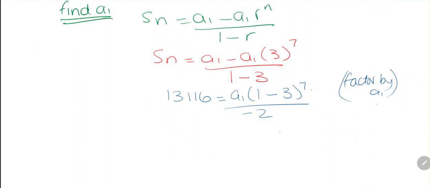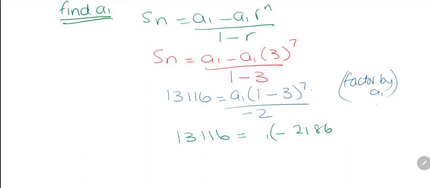So I'm just going to work this out. 13116 is going to be equal to a1 times, so let's multiply, 1 minus 3 to the power 7 is minus 2186.